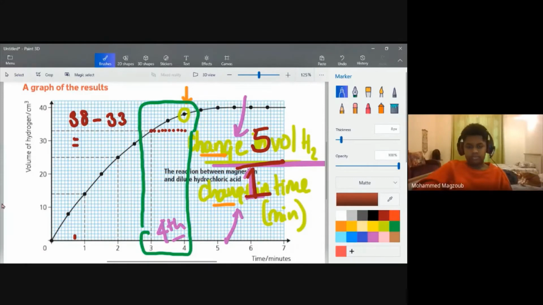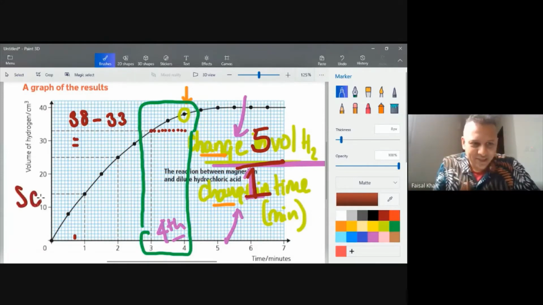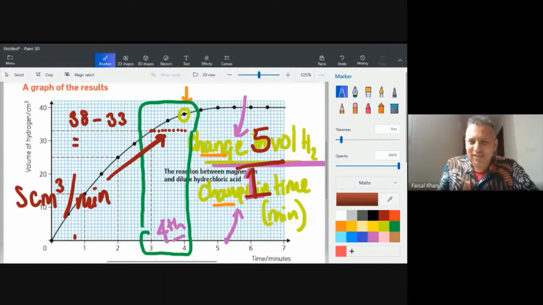Yes. So our rate of reaction in that fourth minute is 5 centimeters cubed per minute, correct? Yes, sir. That was the right answer. Can you remember 5 being one of the options? Yes, sir. So 5 was the answer.